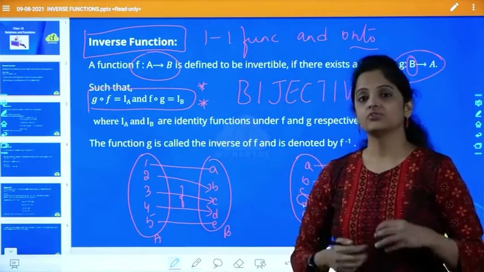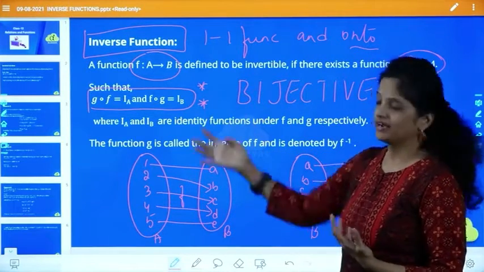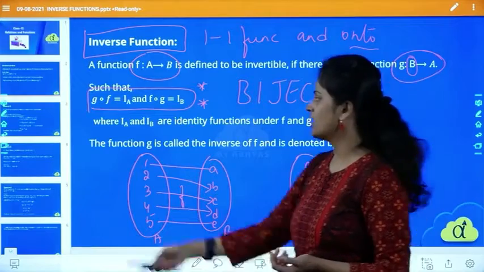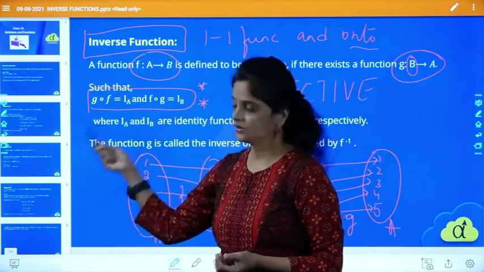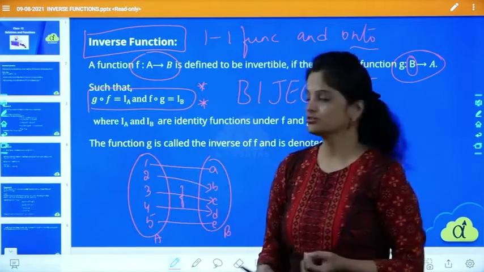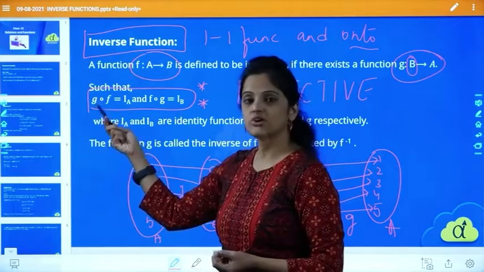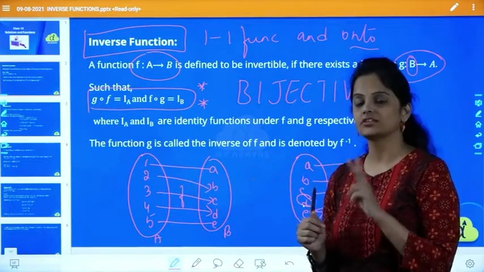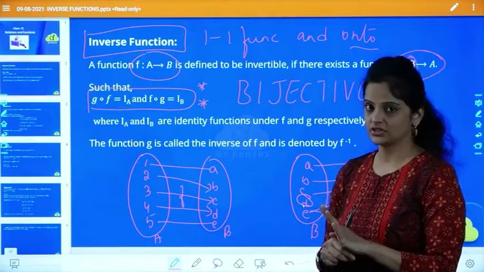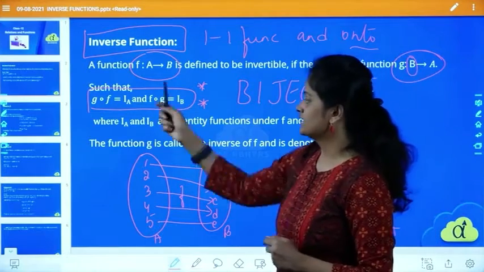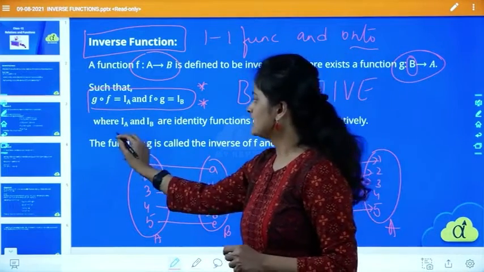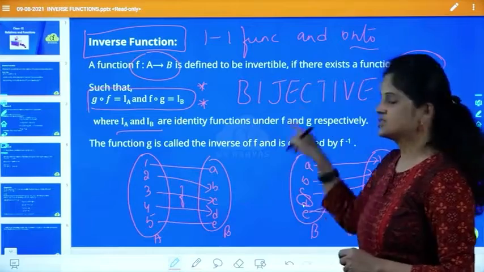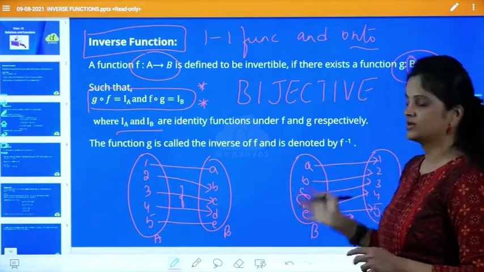If you are proving or finding any inverse function, then you have to see this. You have to find G composition F and F composition G, and both have to be identity functions. Then only you can get the inverse. I_A and I_B are identity functions under F and G respectively.